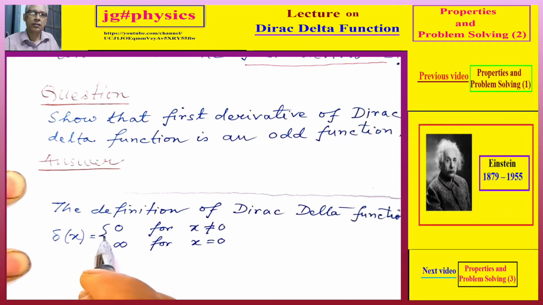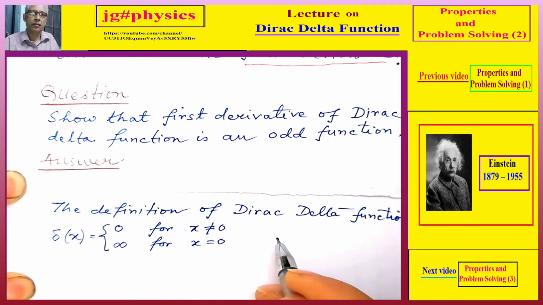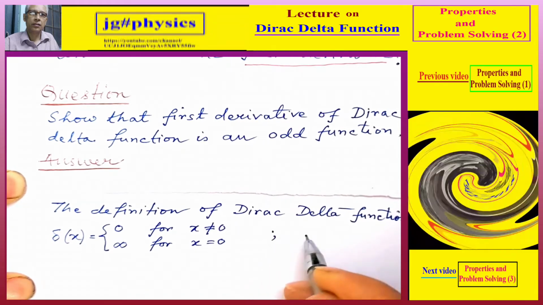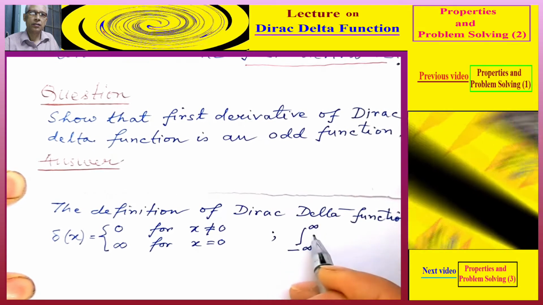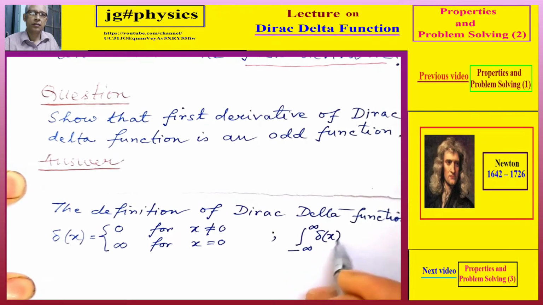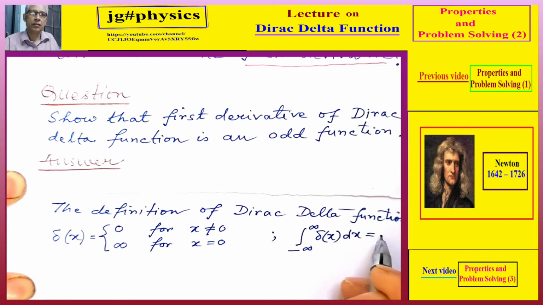And this occurs in such a way that the area under the Dirac delta curve is unity.